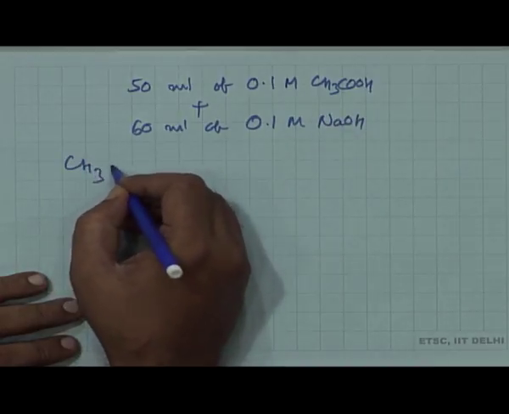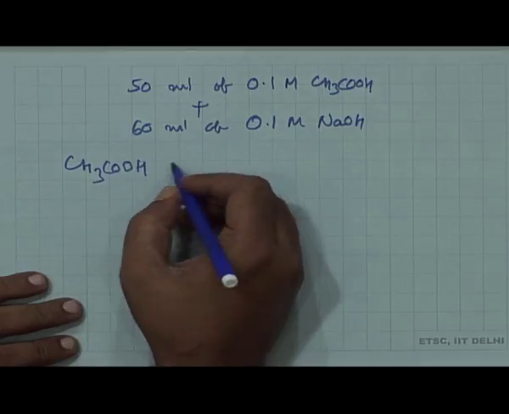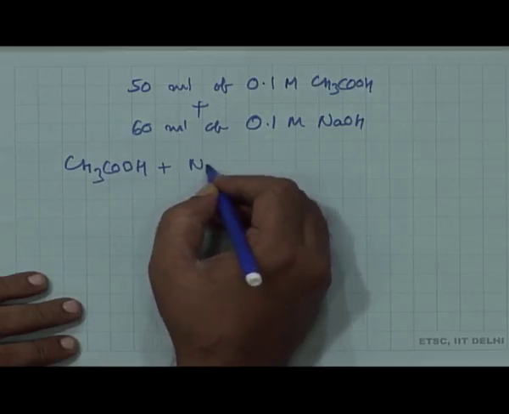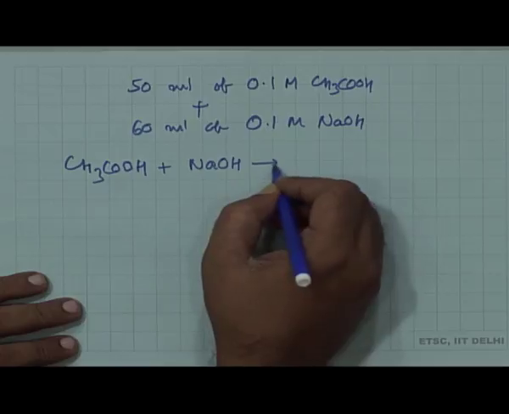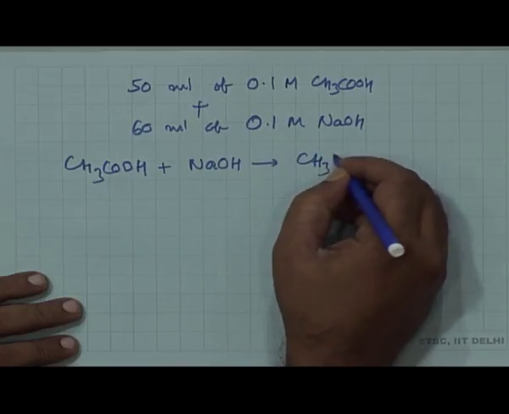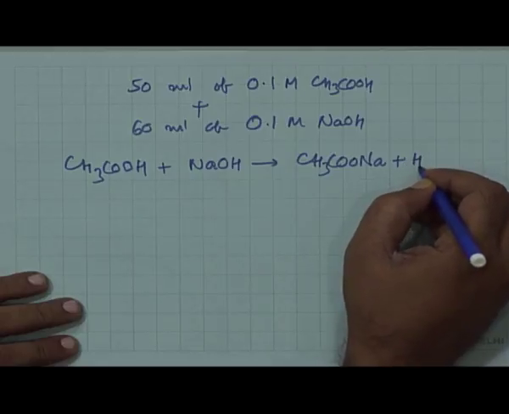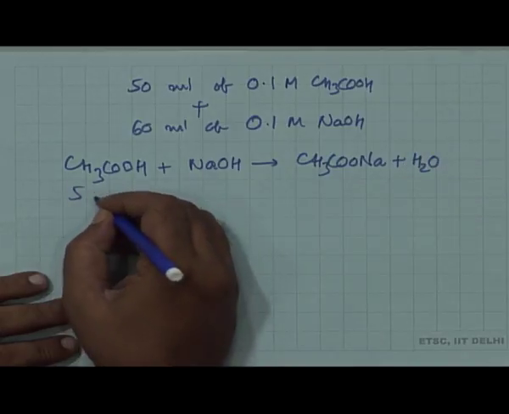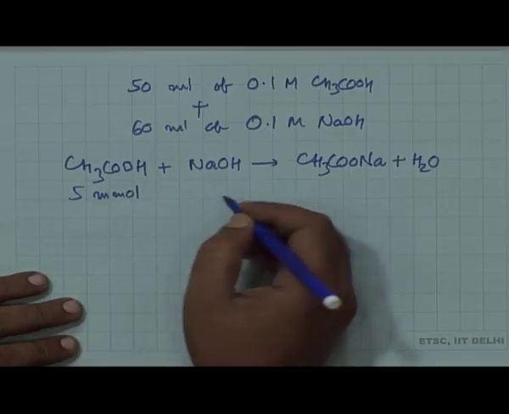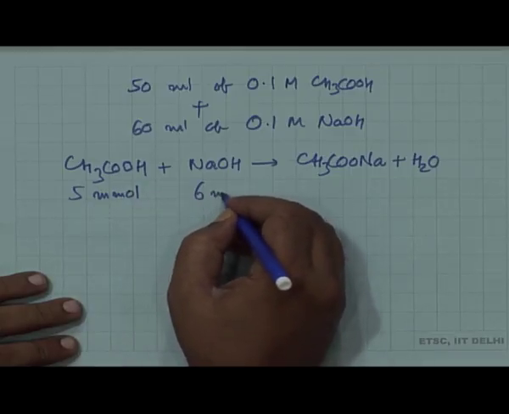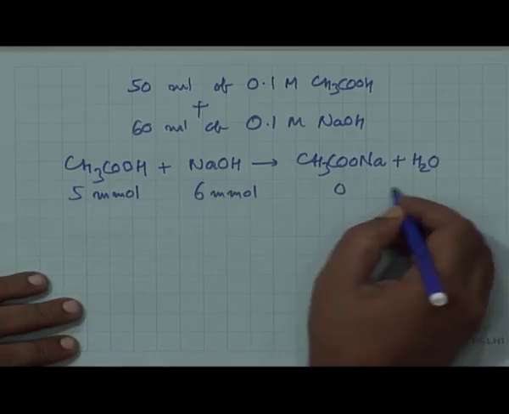If we again write the reaction, CH3COOH plus NaOH giving you CH3COONa plus water, we started with 5 millimole and 6 millimole, and 0.